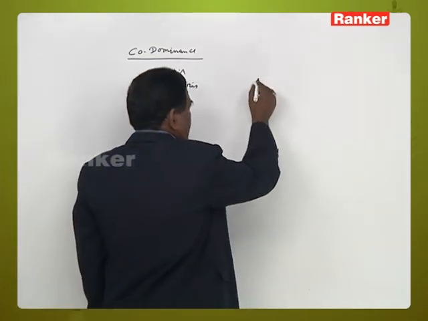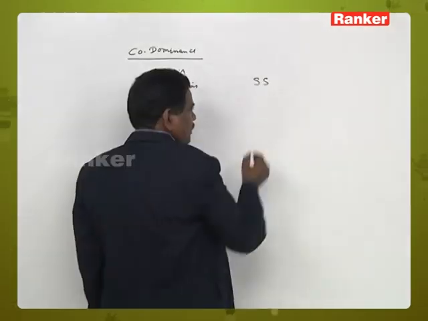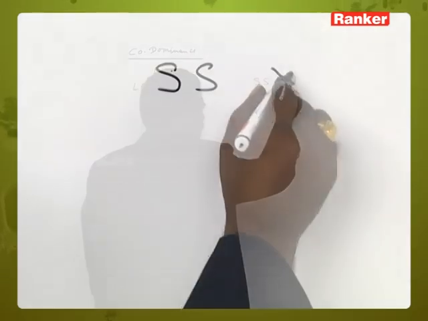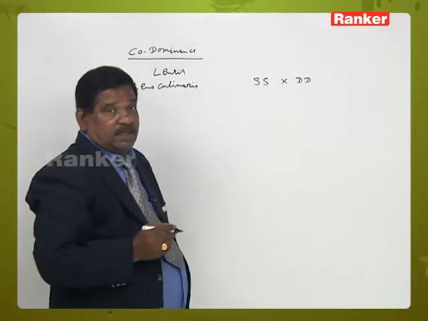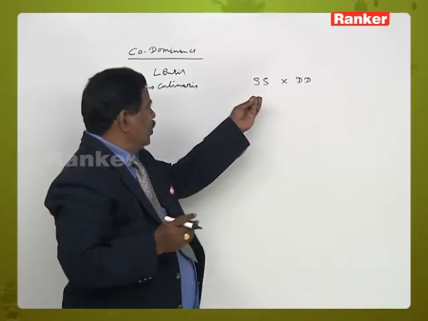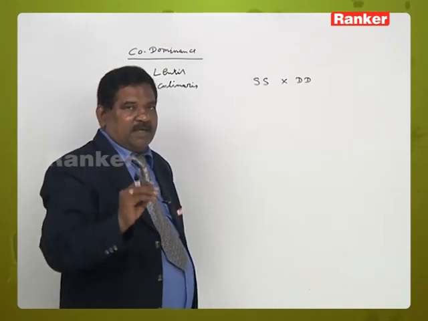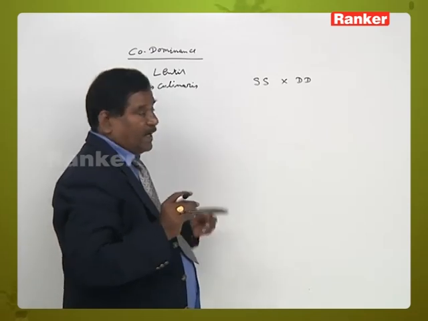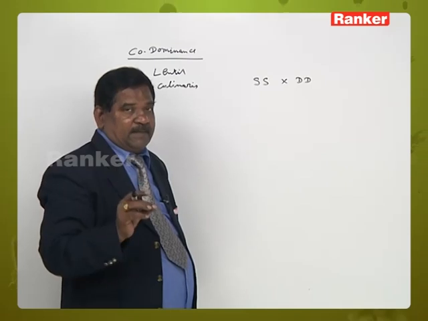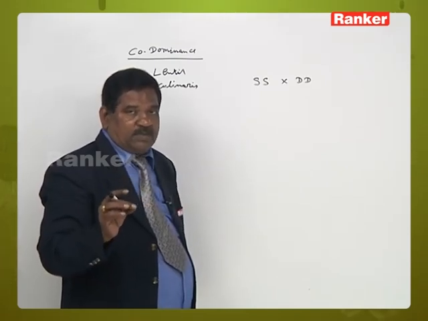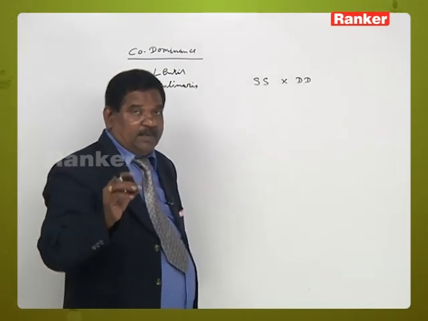So the parent with spots is crossed with pure dots. Here both parents are represented with capital letters, which means both are dominant. Only in codominance do we represent both parents in capital letters, because both characters are dominant.